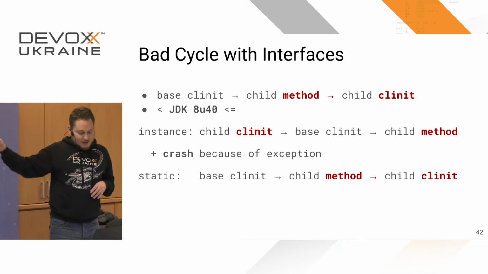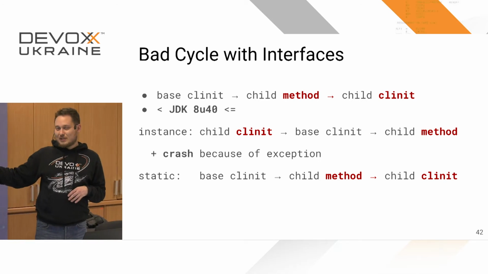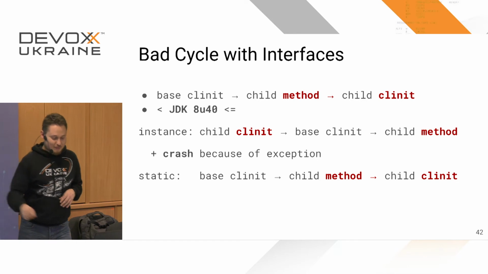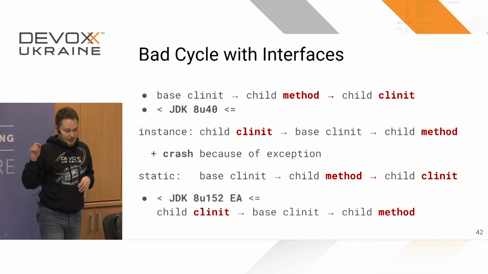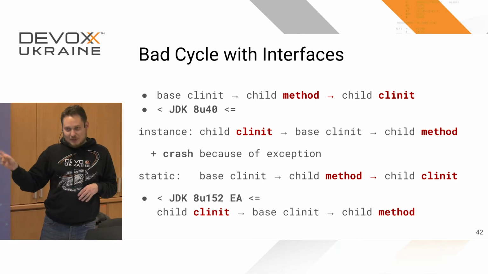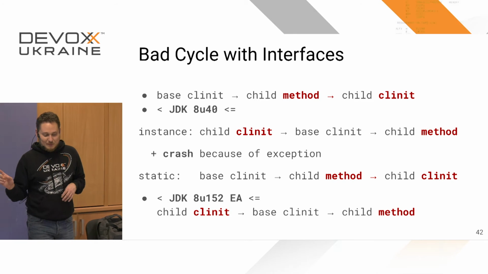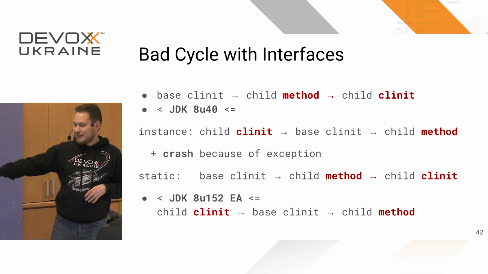If we create an instance, or call a static method to trigger initialization, then such a sequence is going to happen without a crash of the JVM on the versions from 8 update 40 up to 8 update 152. And for everything upper, we're going to see another sequence.